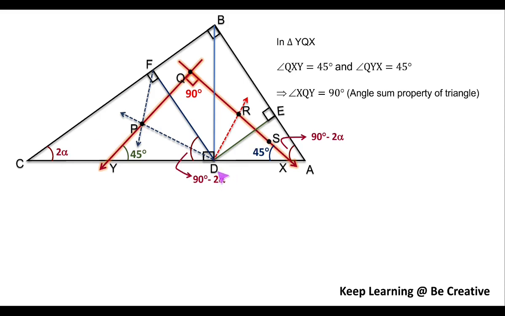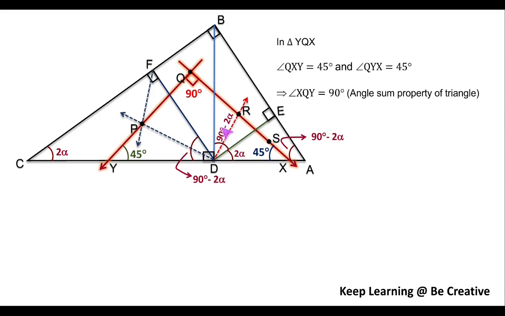Similarly, for triangle DEA, we have angle EDA as 2 alpha. Now angle BDA is 90 degrees, so we can mark angle BDE as 90 minus 2 alpha, as this angle is 2 alpha and this complete angle was 90.